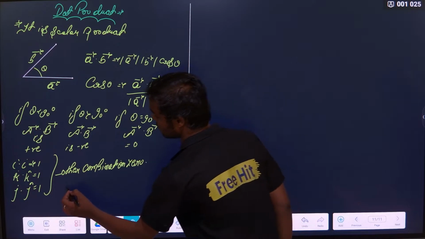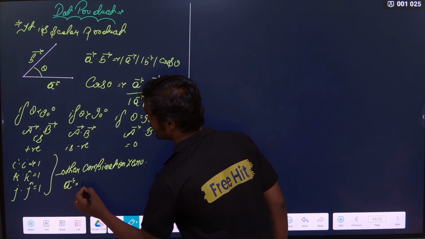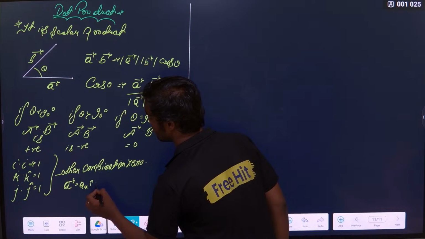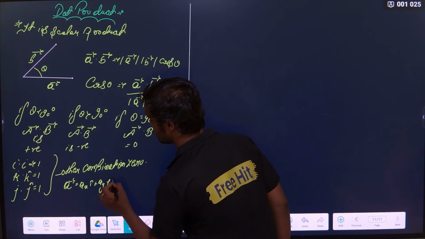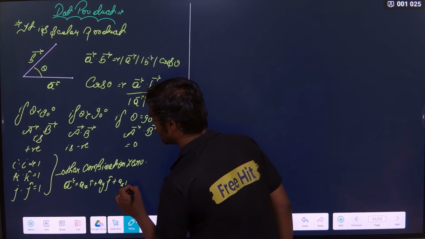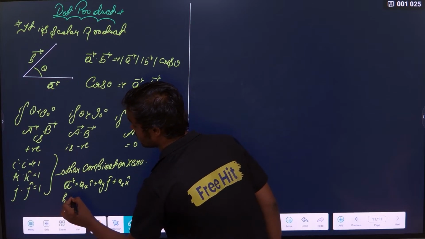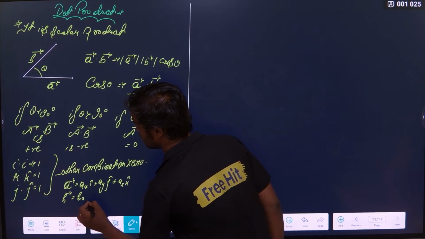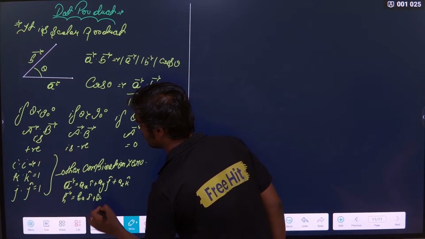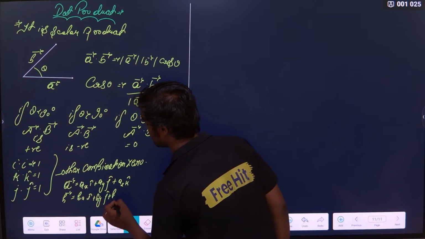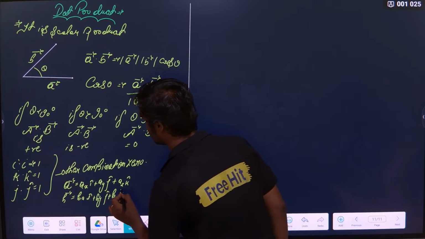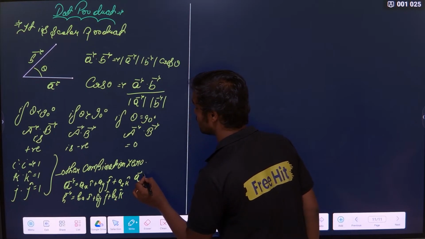So suppose I have a vector A as ax i cap plus ay j cap plus az k cap. Similarly, we have a B vector equal to bx i cap, by j cap and bz k cap. The question is very simple: you have to find A dot B vector.